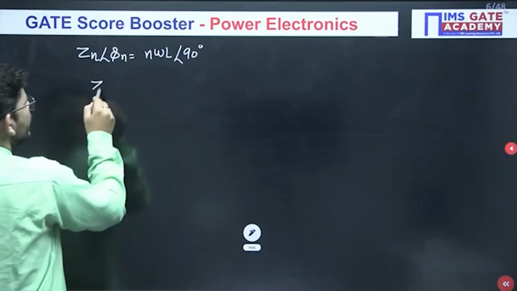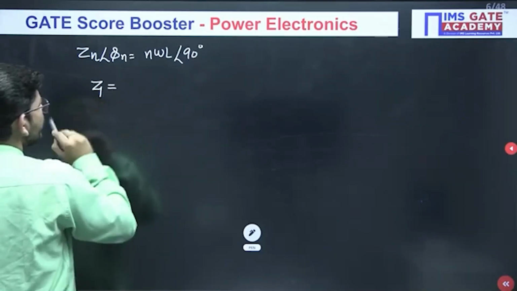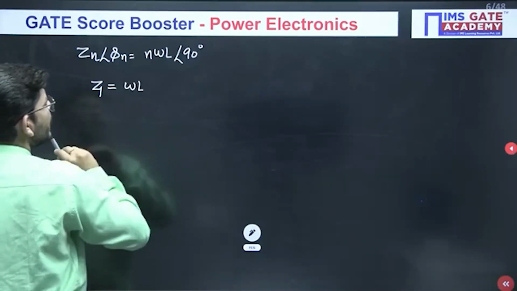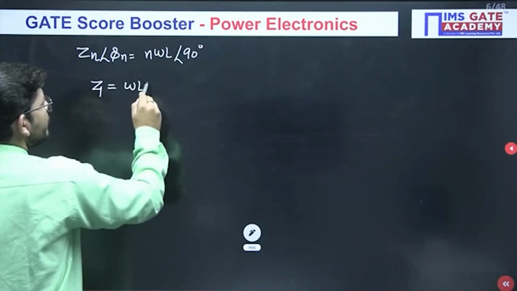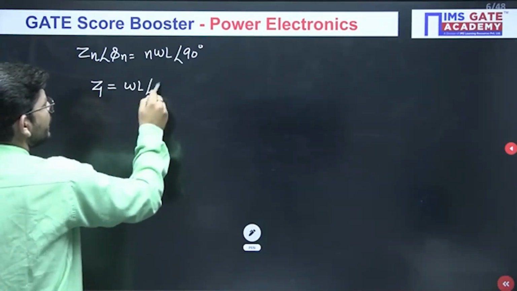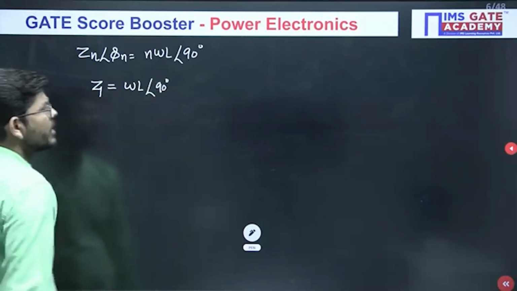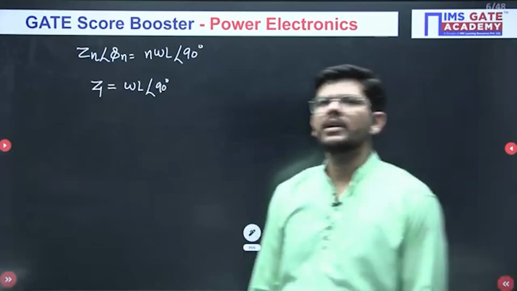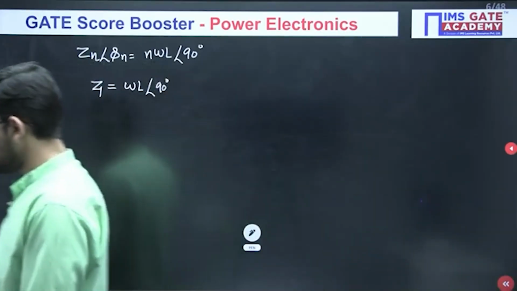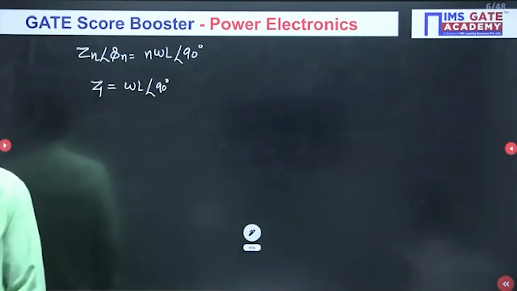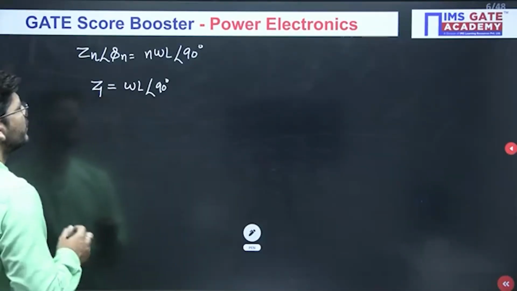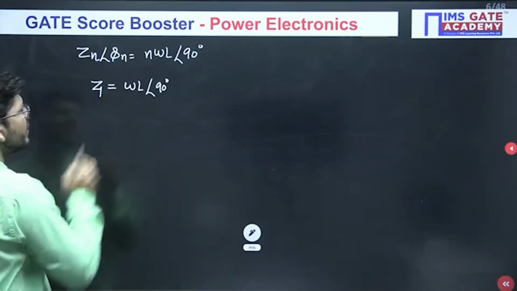Now, since we have to find fundamental impedance, it will be omega L, and the angle will be 90 degrees. You have written L instead of omega L. So this will be the fundamental impedance. This is what you have to calculate.